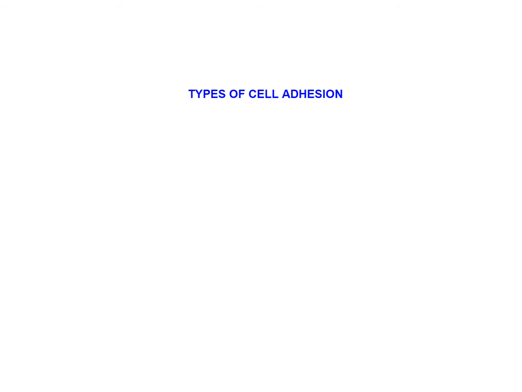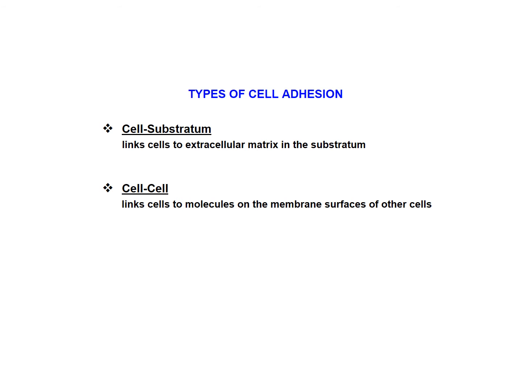Starting with cell adhesion, there are two types of that function. Cell substratum, which links the cells to the extracellular matrix, and cell to cell, which links cells to molecules on the membrane surfaces of other cells and results in the cohesiveness which we associate with the various tissues of the human body.